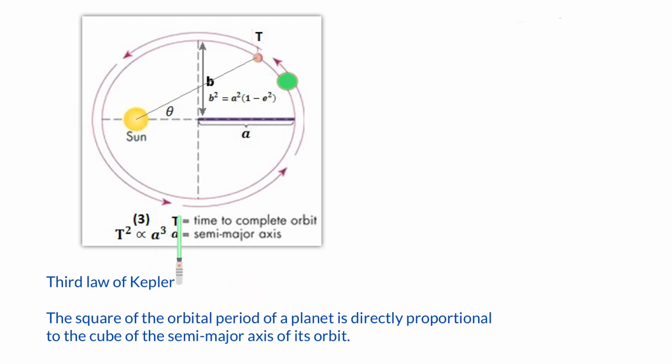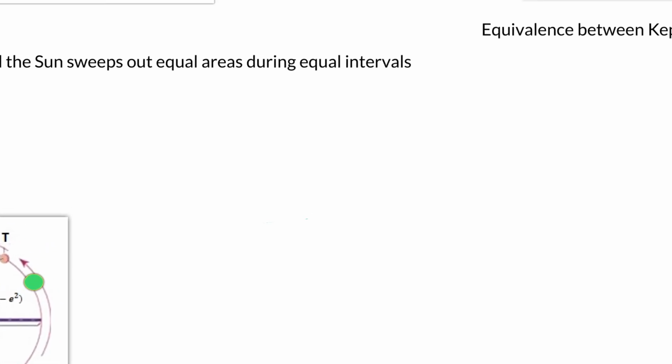This is the major axis and this is half, so this is the semi-major axis. So this is the third law of Kepler, that T square is always directly proportional to a cube.